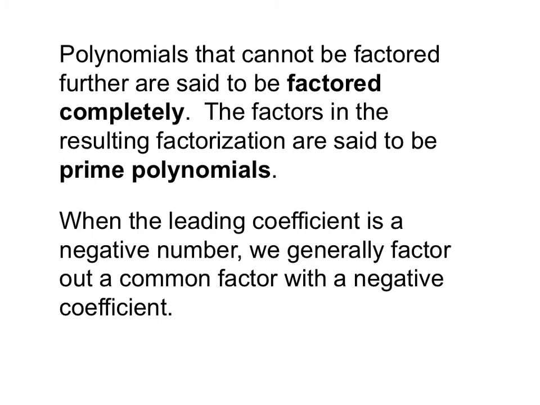So if you saw something like this, negative 9x squared plus 4x minus 13, for example, the 9, 4, and 13 have no common factors. So you would say, well, maybe if it wanted to, we could yank out a -1 out of that, and then just change the signs.